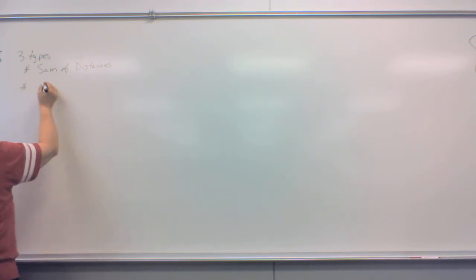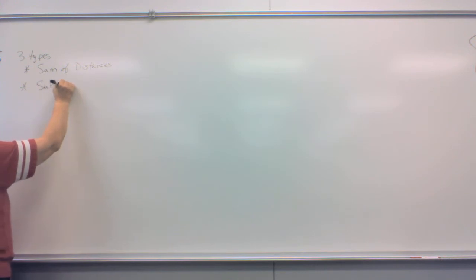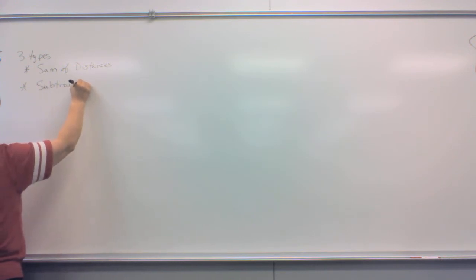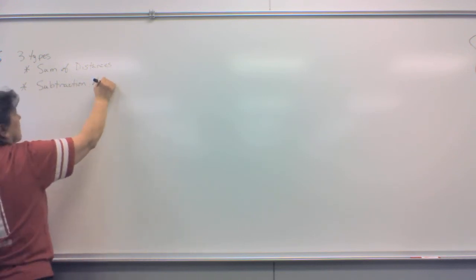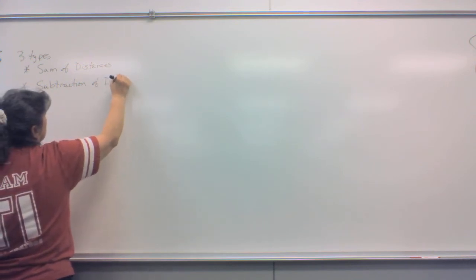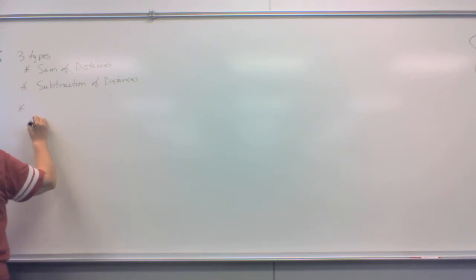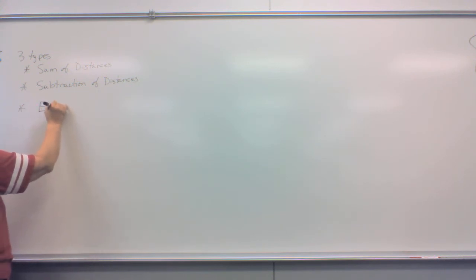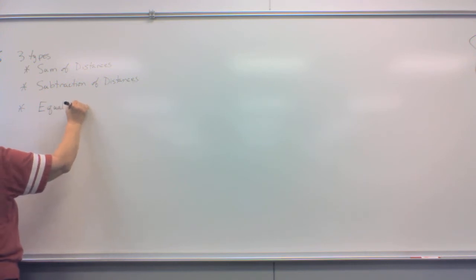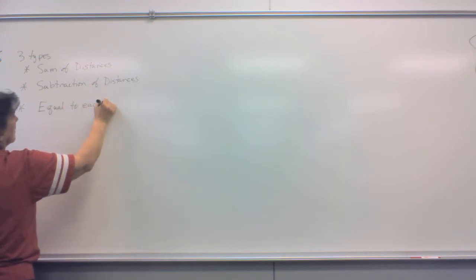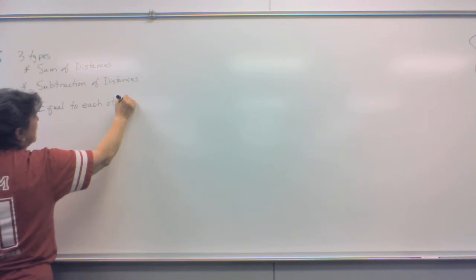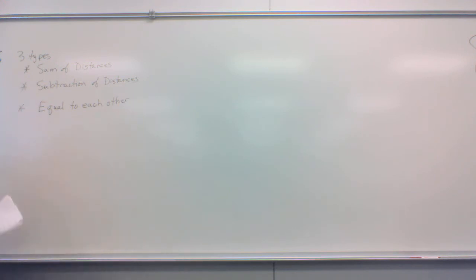The second type is we're going to look at a subtraction of the distances. And the third type is going to look at the distances are equal to each other. Okay, so those are the 3 types that we're going to look at on these problems. So let's look at them.